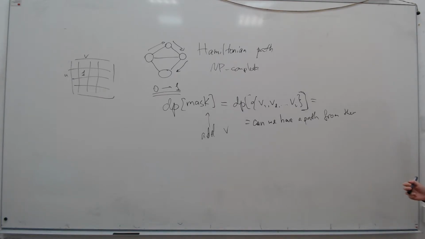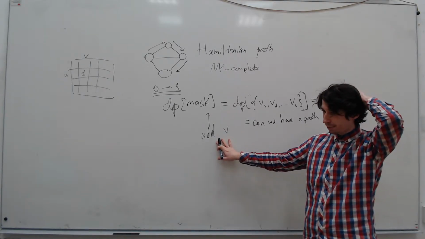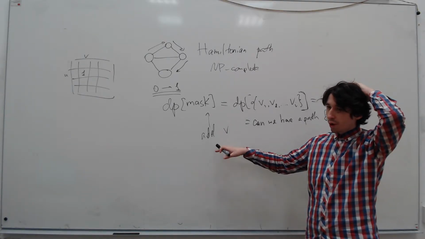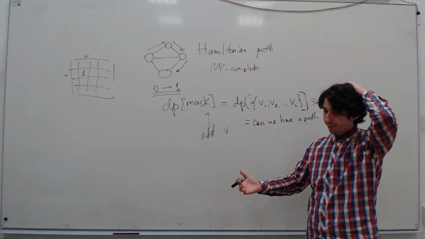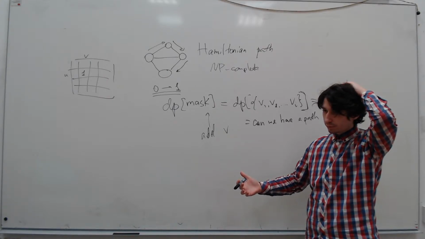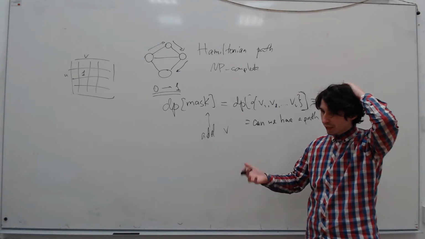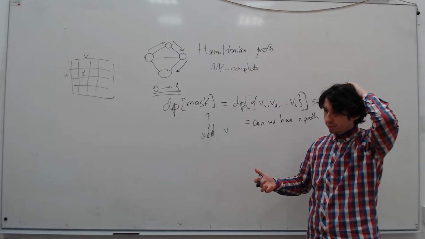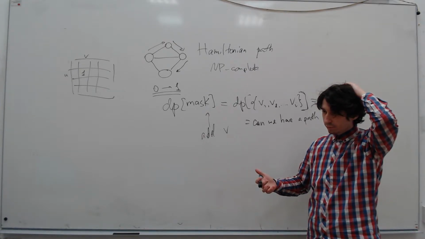Yeah. So like as Ekaterina told us, she wants to add a vertex v to this path. However, what is the condition under which you can add v to the path? If it has not been visited. Yes, but what else? And it also has the connection with the vertex that hasn't been visited also.